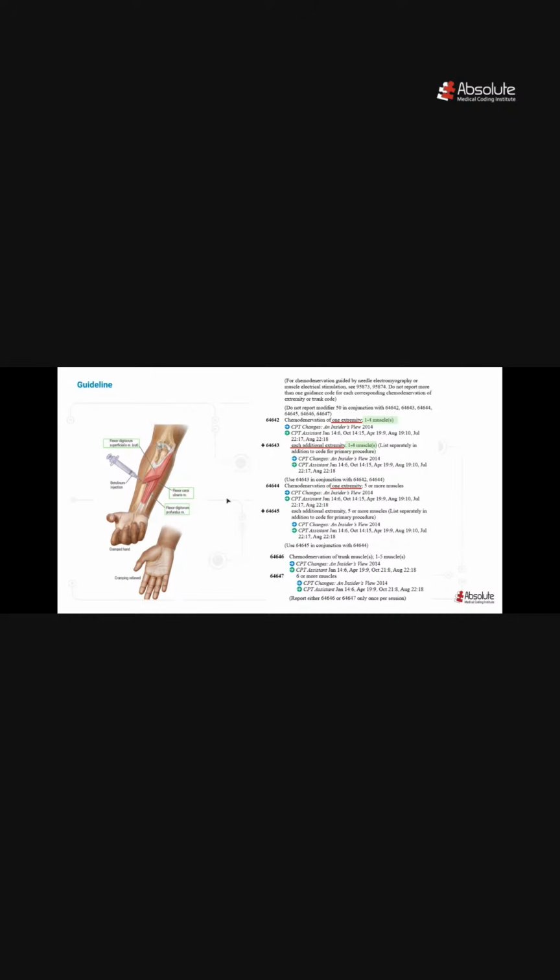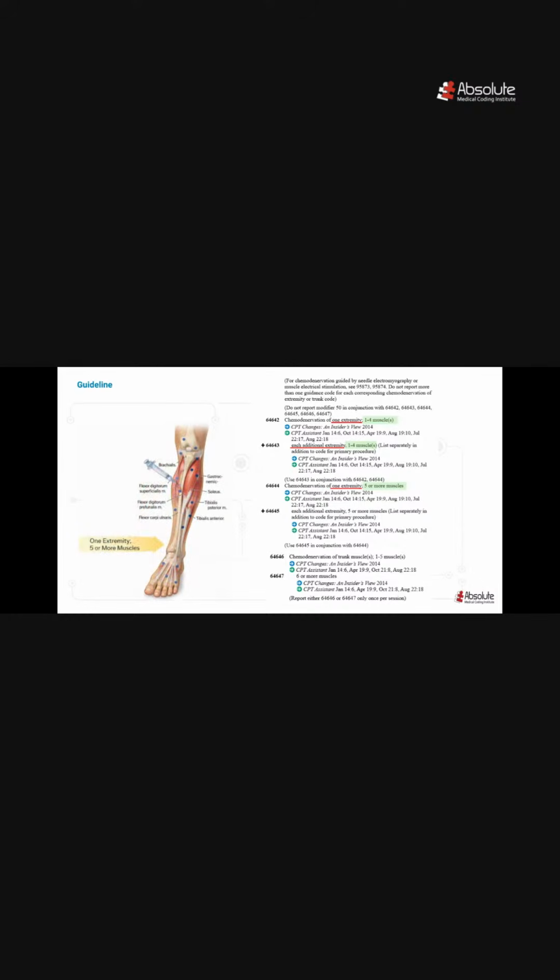Similarly, you have the chemodenervation code for one extremity with 5 or more muscles. Here is an example: you have a left leg where chemodenervation is performed on 5 or more muscles. Then you will use 64644.